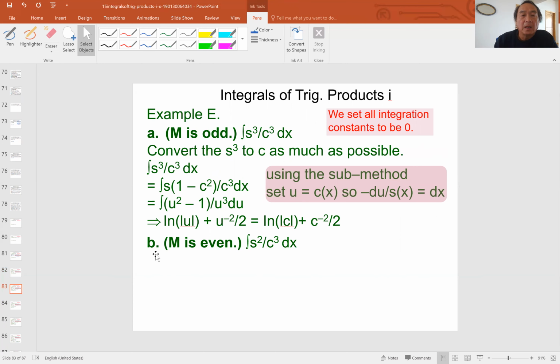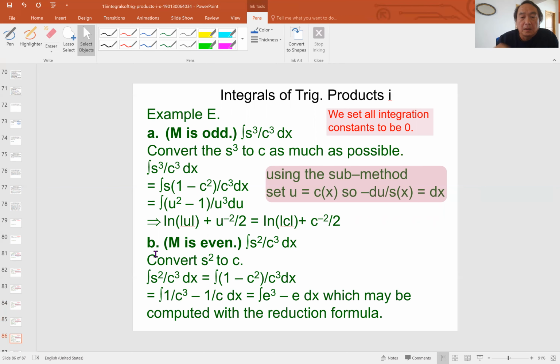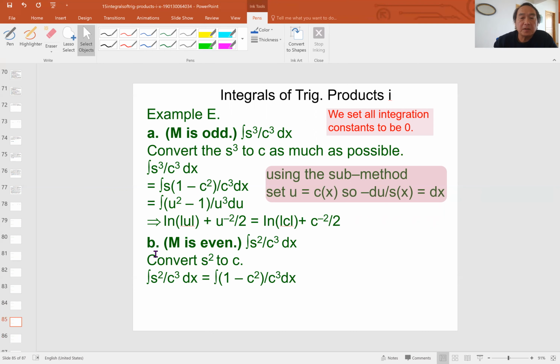Now, the other case: what happens if the upstairs power is even? Well, then you convert into cosine completely, just like the case we did for both positive integers. And in this case, you're integrating powers of secant, because everything's in cosine divided by cosine to a single power.